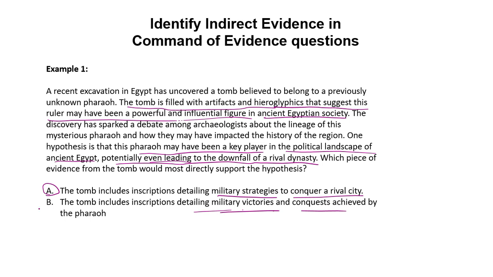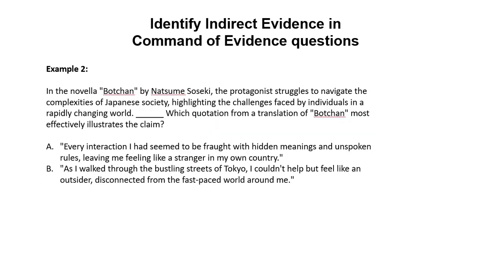So now look at the second question. In this one, which quotation from a translation of Pochan most effectively illustrates the claim? So what is the claim? That the protagonist struggles to navigate the complexities of Japanese society, highlighting the challenges faced by individuals in a rapidly changing world.